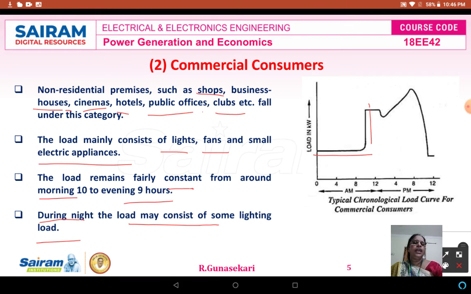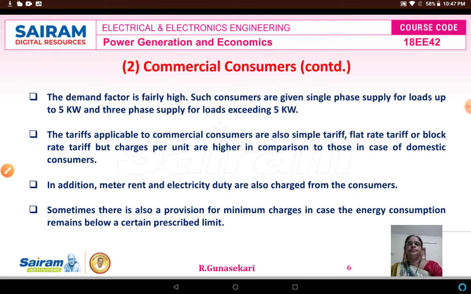Again from 12 am to 4 pm the load is constant. Then from 4 pm to 8 pm the load gradually increases. After 8 pm the load decreases. This is the analysis of load curve for the commercial consumers.